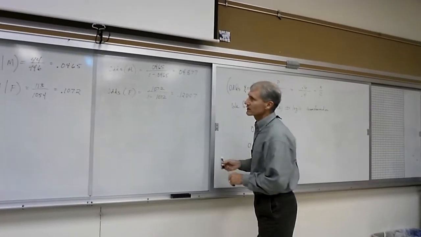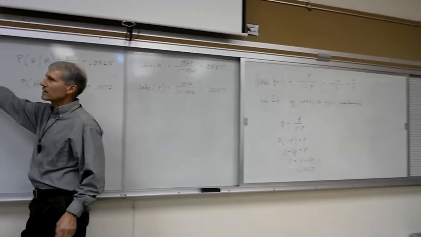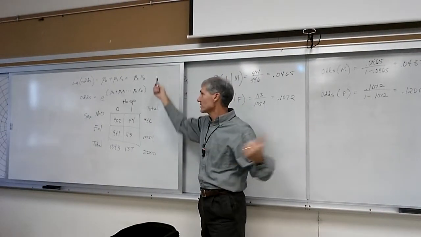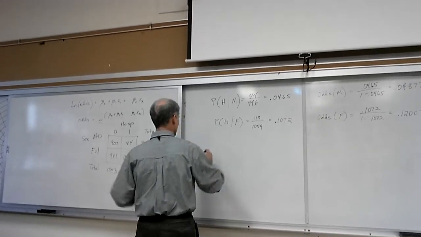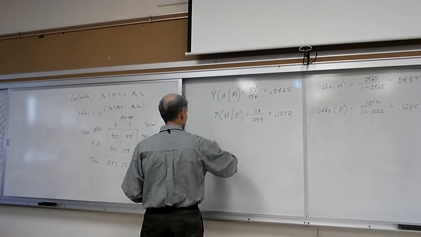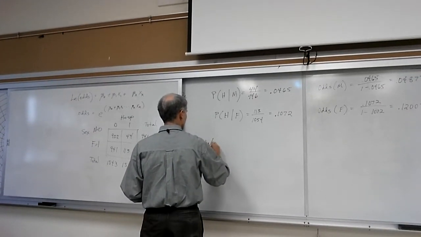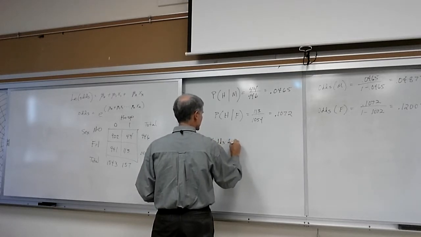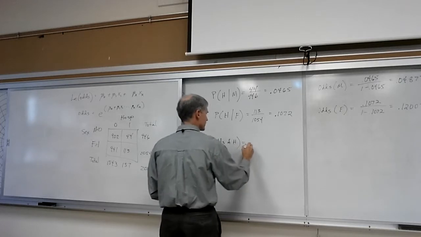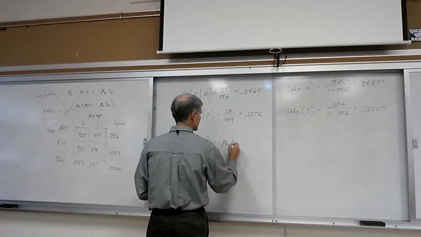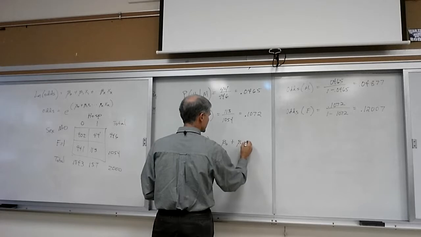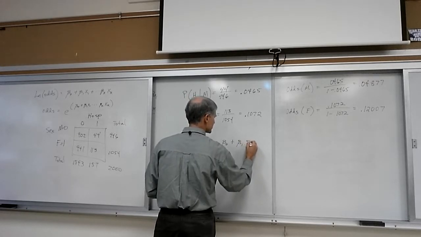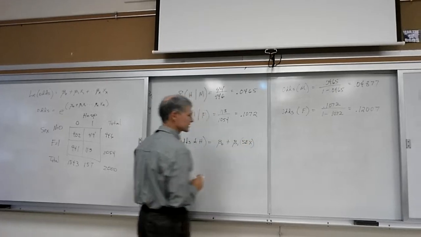Now, remember, we're modeling log odds, not odds. So I need to take the log of those values. But let's write out that model. The log odds of hospitalization is equal to beta 0 plus beta 1 times, I'll just write out the word sex.